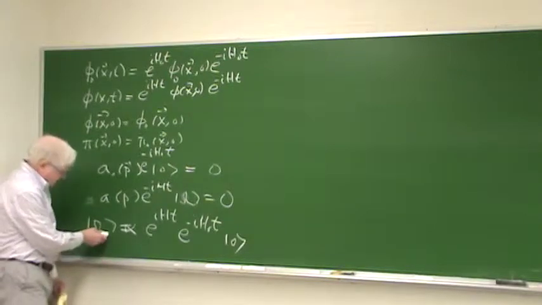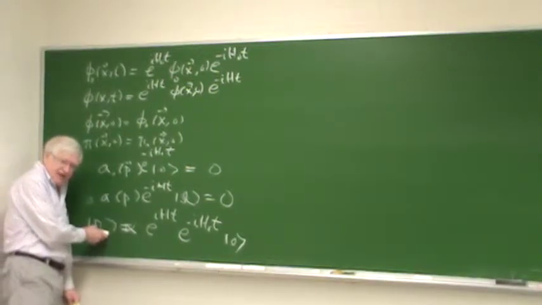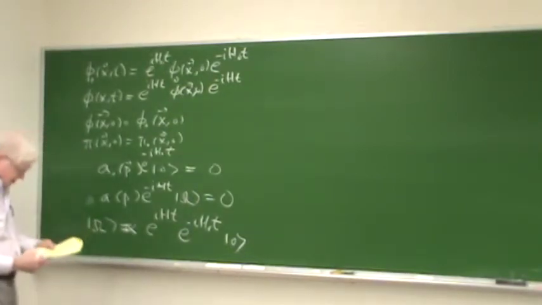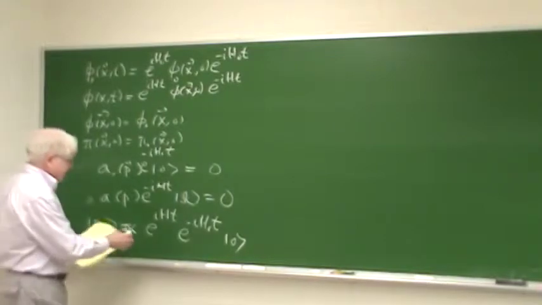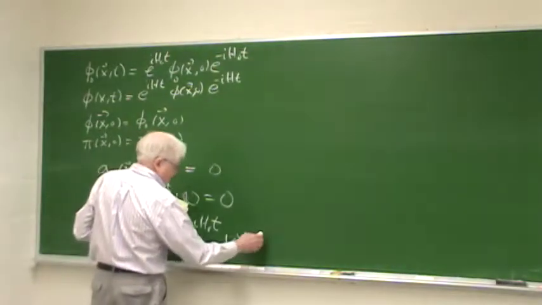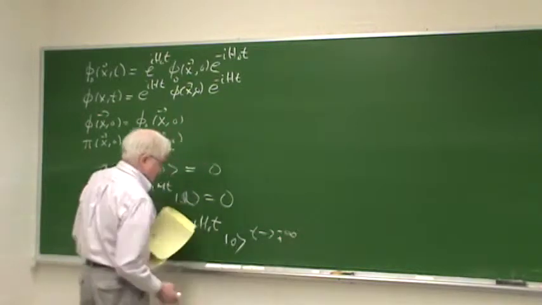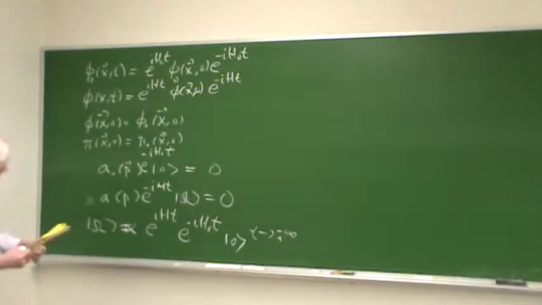We've got the interacting vacuum before the collision and then after the collision. And these would be limits as t goes to minus or plus infinity for basically the in and out states.